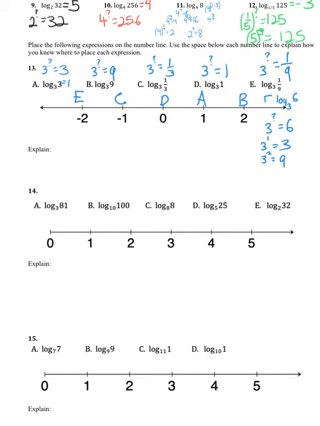If this was problem F, I would put F somewhere between 1 and 2. I don't know exactly where. I'm not asking you to find the actual number if it's between two integer values, I'm just asking you to put it on the number line where it should be. That'll happen on some of these problems as well. You don't need to find the exact number, but you do need to figure out the location of it.